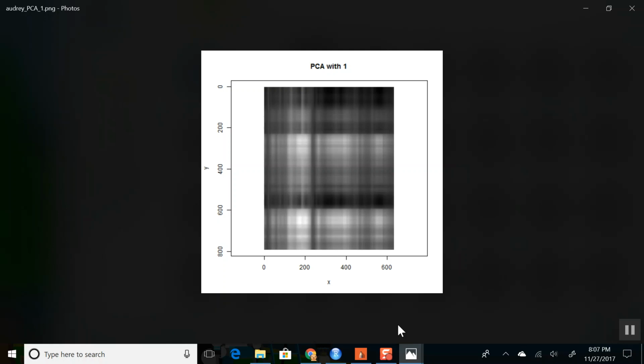This is what you get. So with one eigenvector, this is the image.